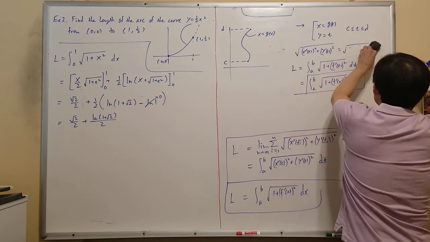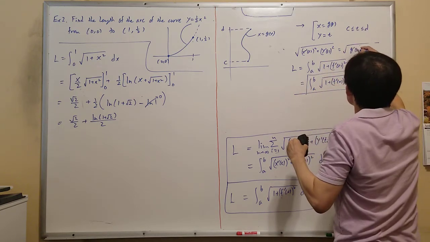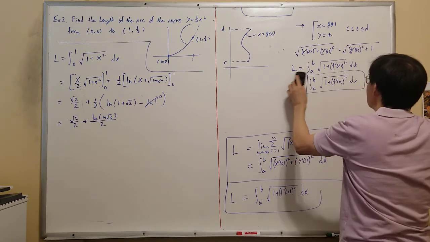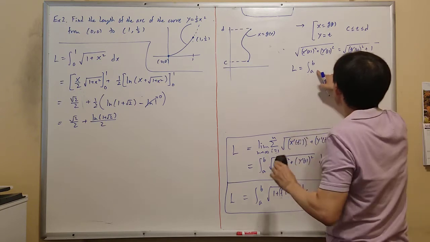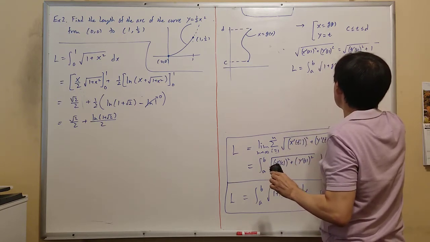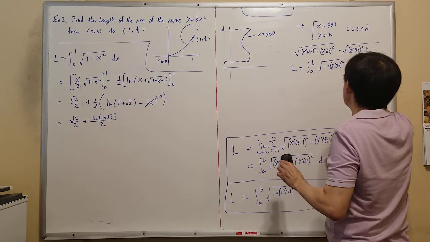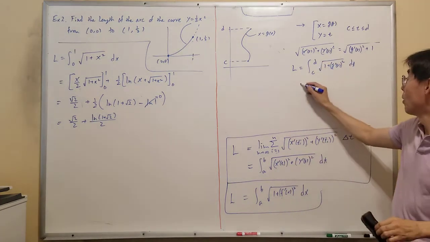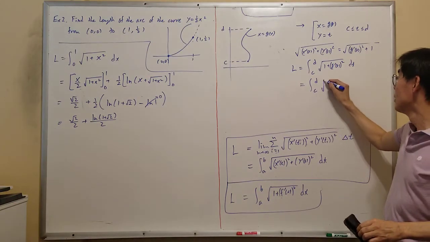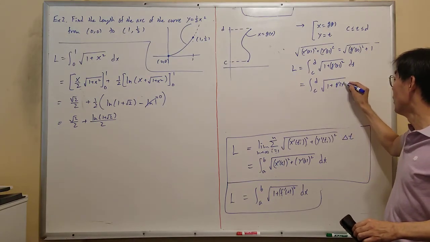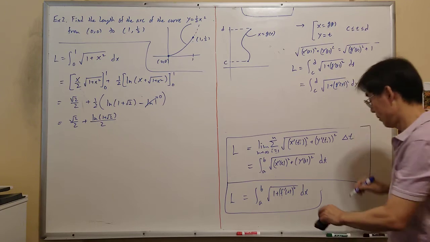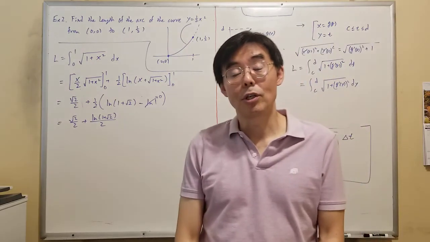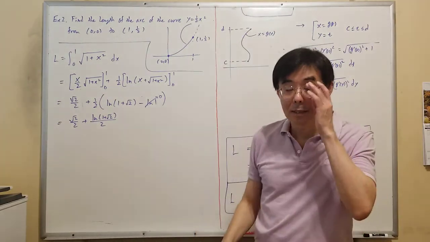Then this will be g prime of t squared and 1 squared, which is 1. So it's going to be the integral from c to d of the square root of 1 plus g prime of t squared dt, or the integral from c to d of the square root of 1 plus g prime of y squared dy. Okay? Exactly the same form, because it's just the exchange of the roles of x and y.